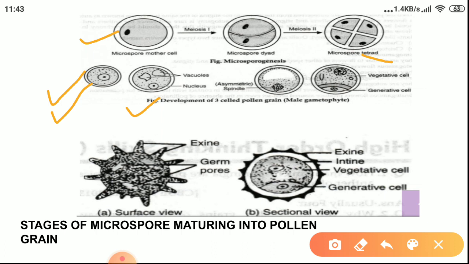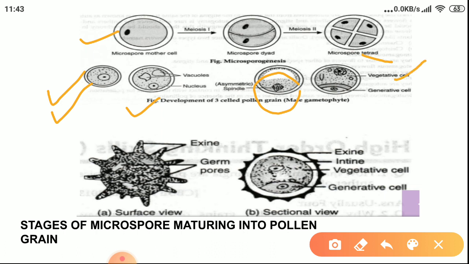The nucleus undergoes mitosis. Now meiosis will not take place, mitosis will take place. For a short period of time we can see asymmetrical spindle formation here, and as soon as mitosis is complete, it divides into two cells.